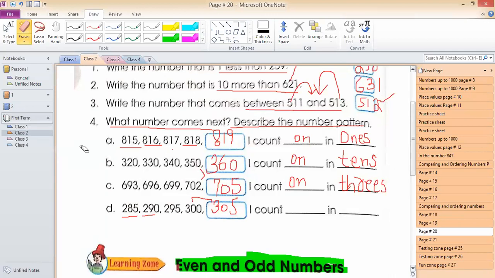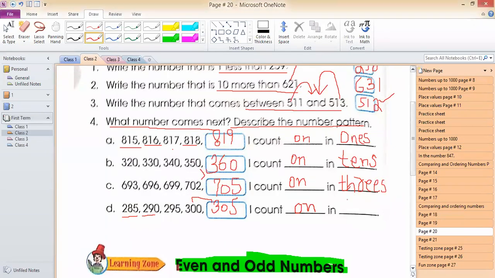Okay, guys. So in this pattern, we are counting on in, yes guys, counting on in 5s.